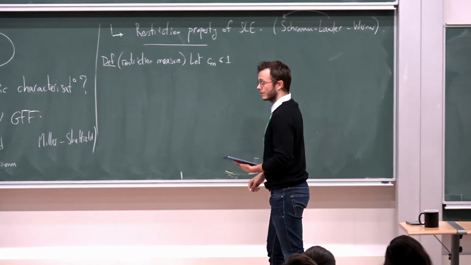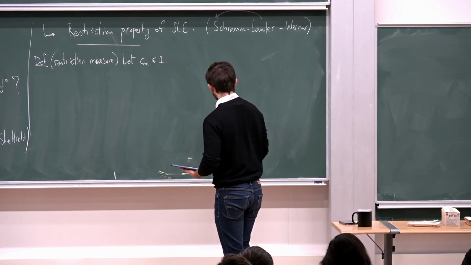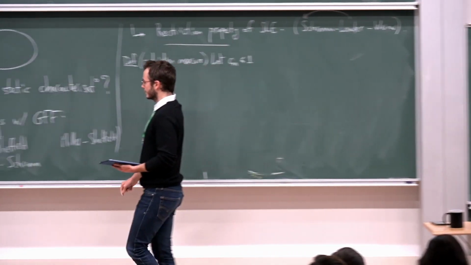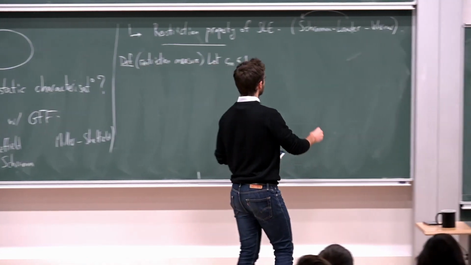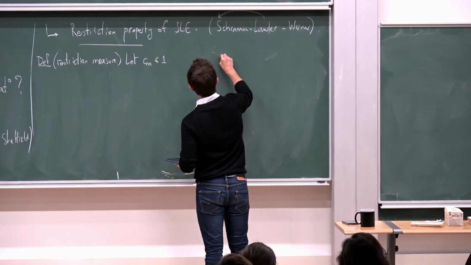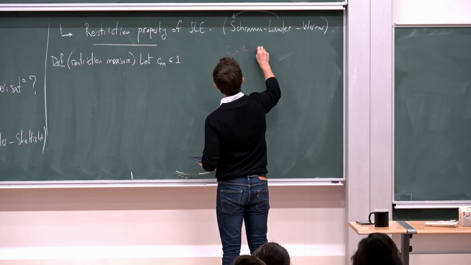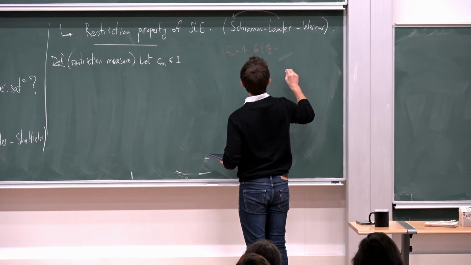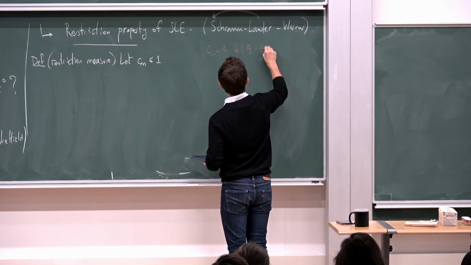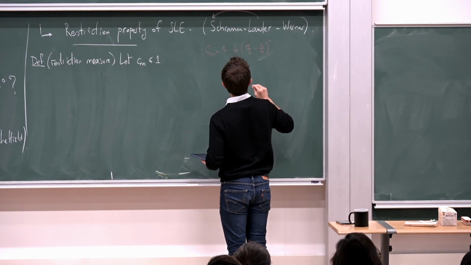So let Cm be smaller than 1. Later, Cm will be related to kappa via this formula: 1 minus 6 times the square root of kappa over 2 minus 2 over kappa, squared.